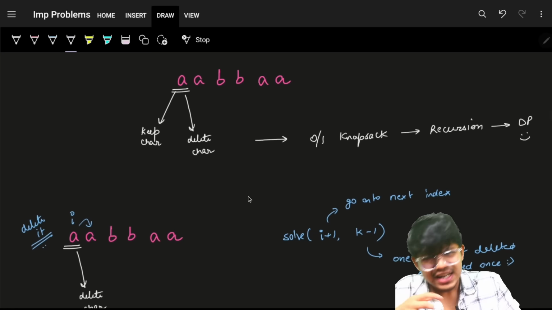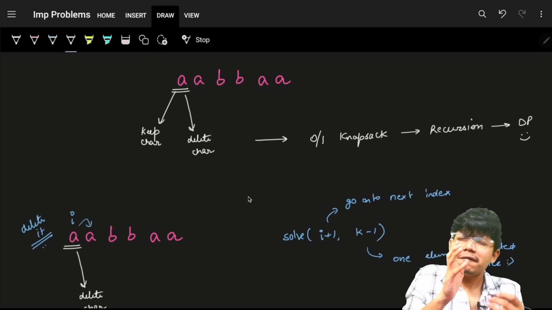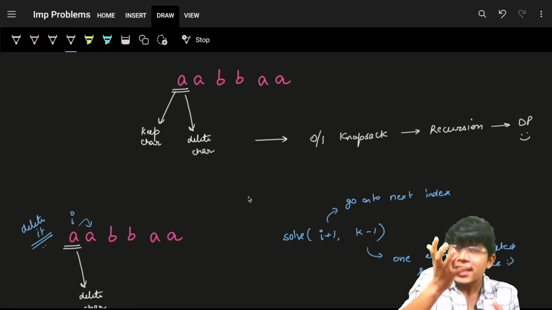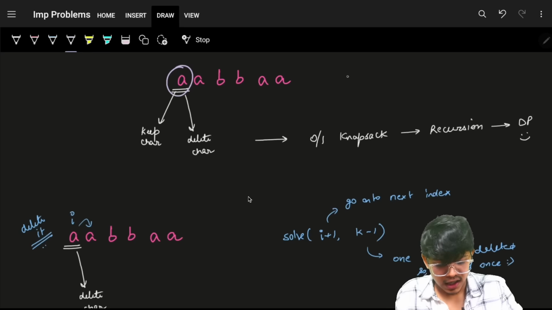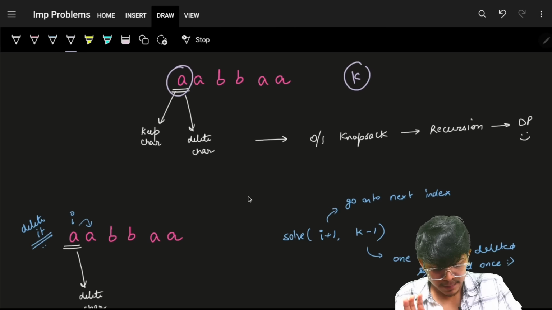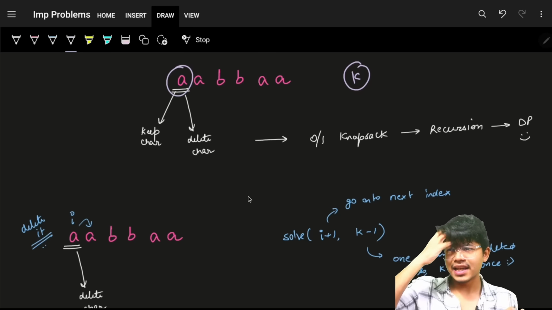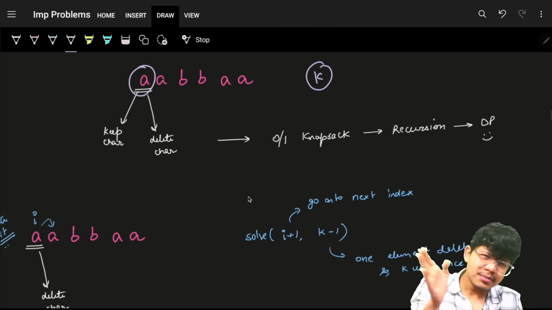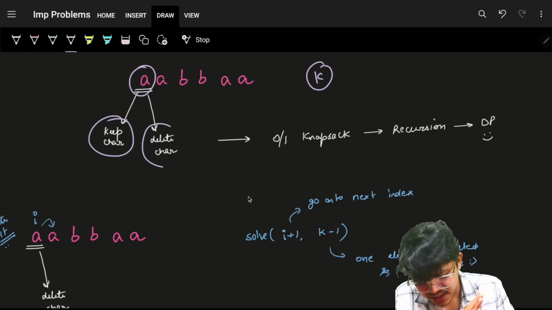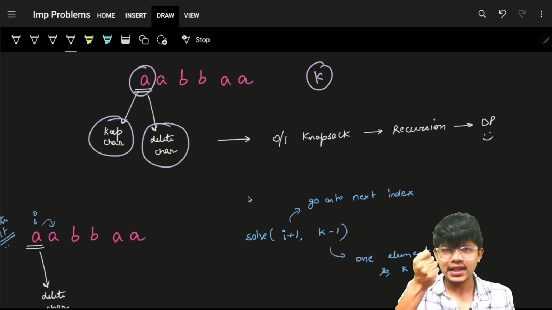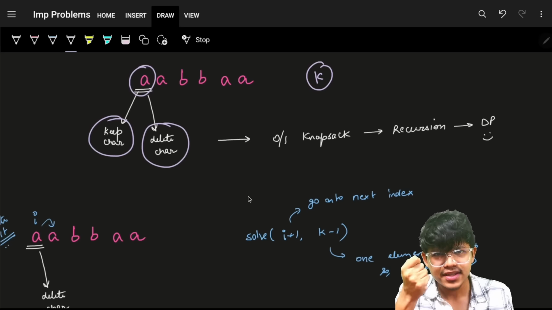When I say all the cases, the operation I can perform is remove something or take something. For this character, I know I have a limit of k, which is the maximum I can remove, but still I have the option to remove something or take something. So I can either keep this A or delete this character A. So I have two options.